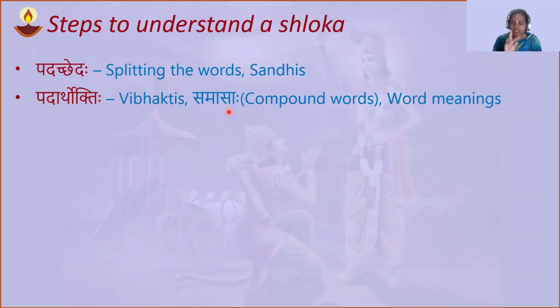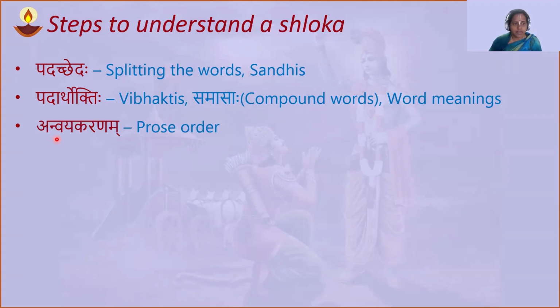That single word indicates two padas, so it's called a compound word. A compound word is a combination of two padas, whereas Sandhi is a transformation of two letters, two varnas. From understanding Vibhaktis and Samasas, we'll be able to understand the meaning of the complete word in the shloka. That also has a lot of steps, so we will do a basic version today.